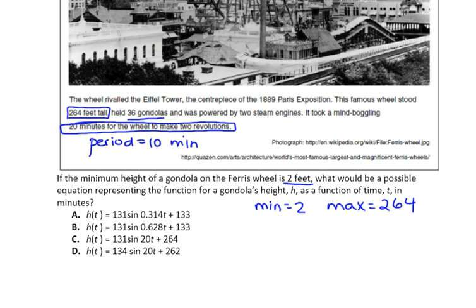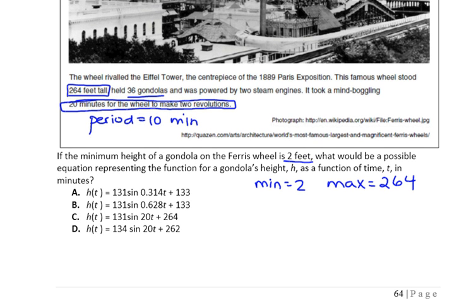Because if they're going to measure, they're going to say, how high am I? Okay. So from this, what's the formula for amplitude? Is it max plus min divided by 2 or max minus min?